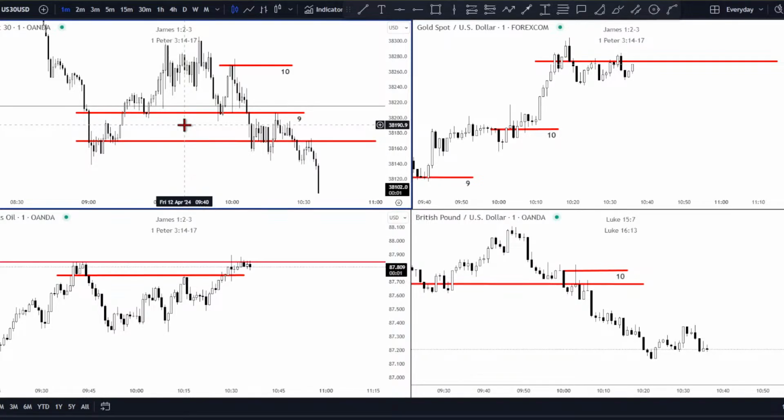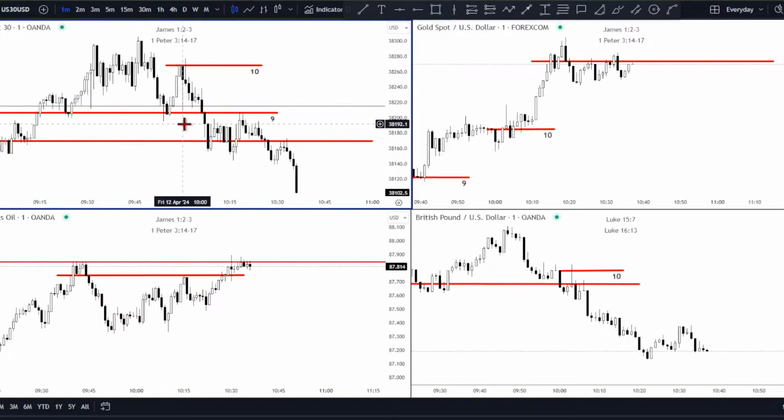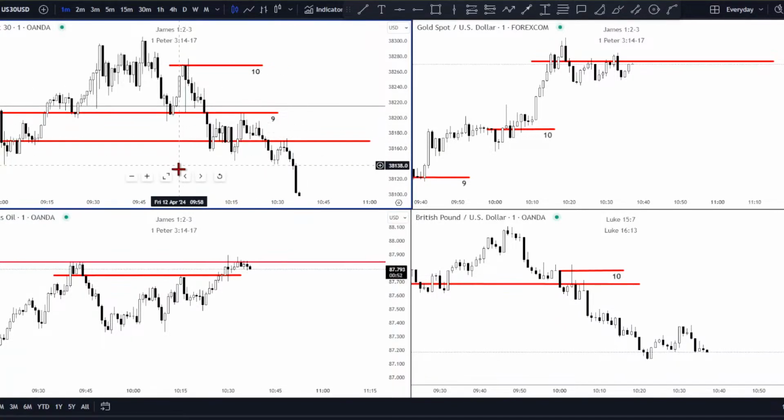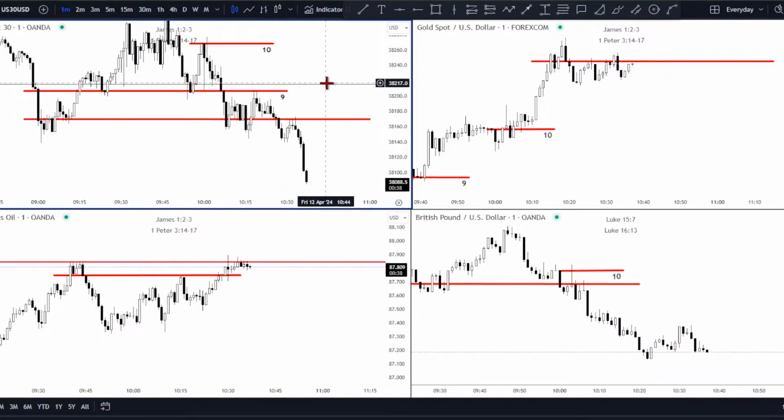Yep, US 30 is just dragging and dragging people lower.